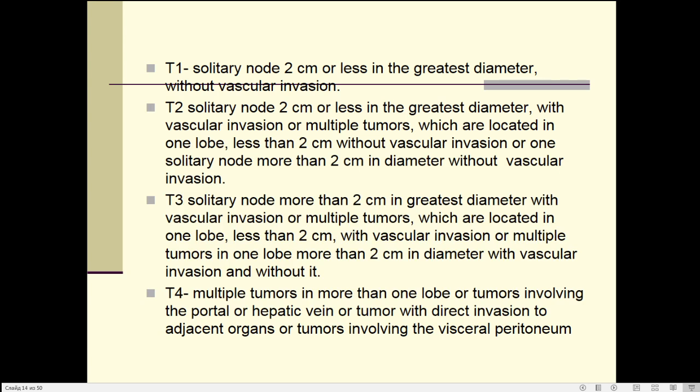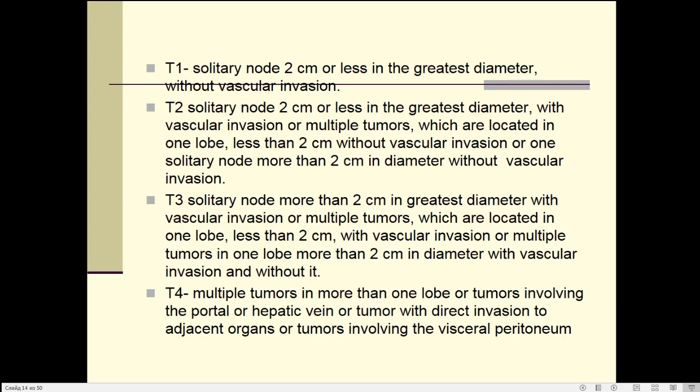T3, a solitary node more than 2 centimeters in greatest diameter with vascular invasion, or multiple tumors located in one lobe less than 2 centimeters with vascular invasion, or multiple tumors in one lobe more than 2 centimeters in diameter with vascular invasion and without it.